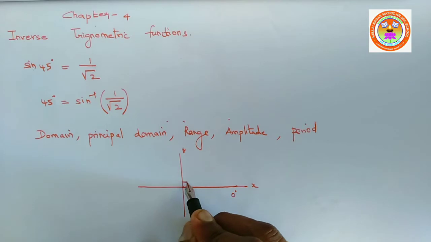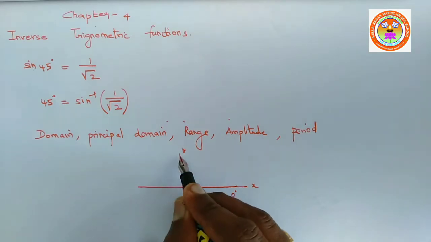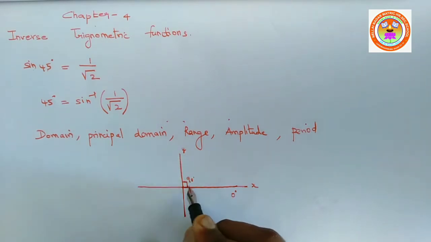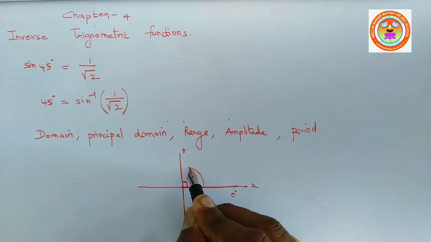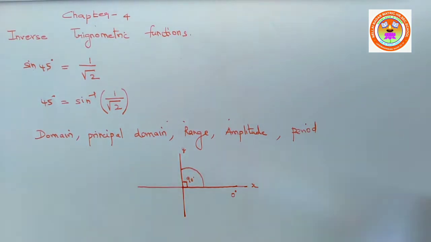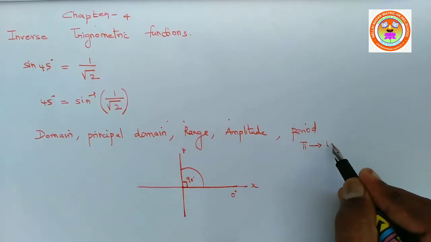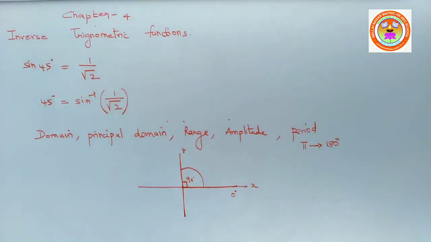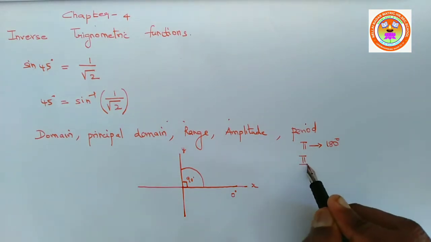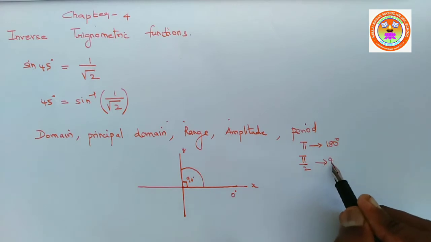This is 90 degree, because it is perpendicular. Pi is 180 degree. Suppose we need 90, we can write pi by 2, which is 90 degree.